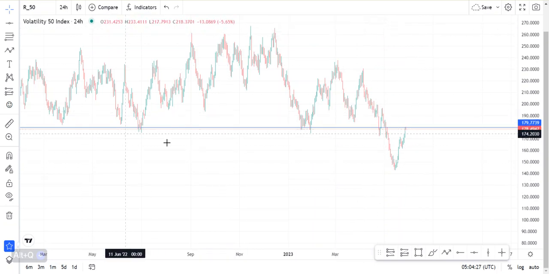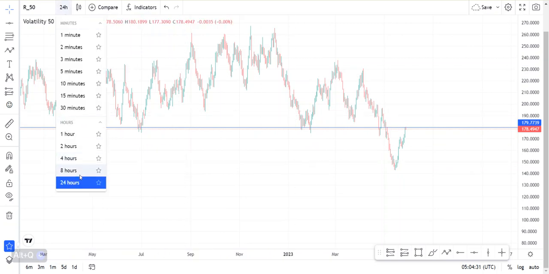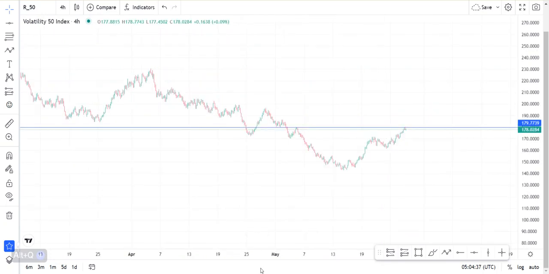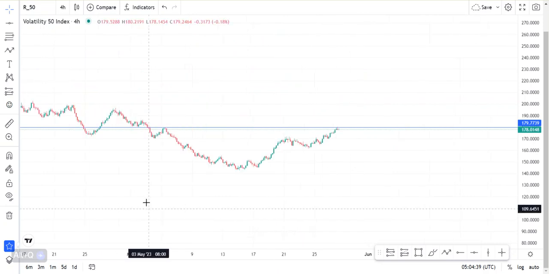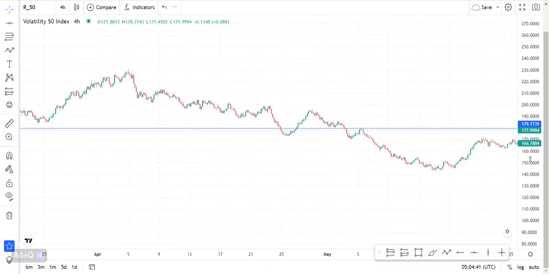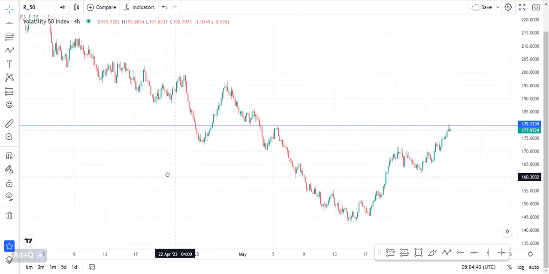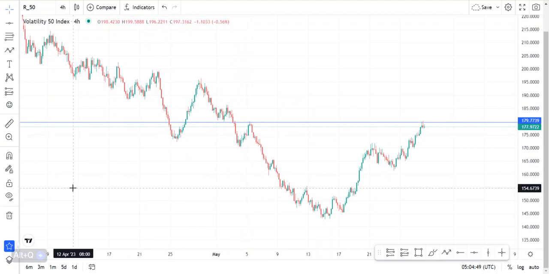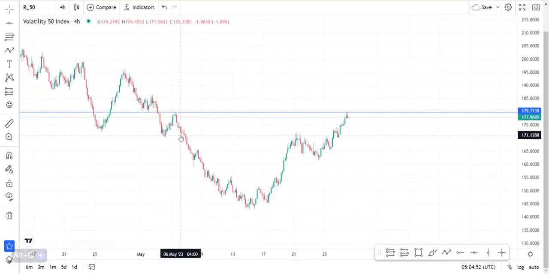So if you go down to a lower time frame, let's go down to the 4 hours time frame, and increase it so that it can be legible. You can see that properly. There is the reaction at these zones. Then there is a double top here.